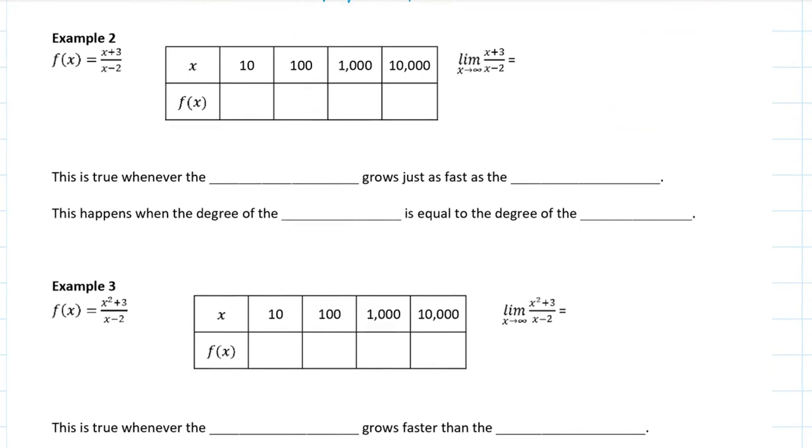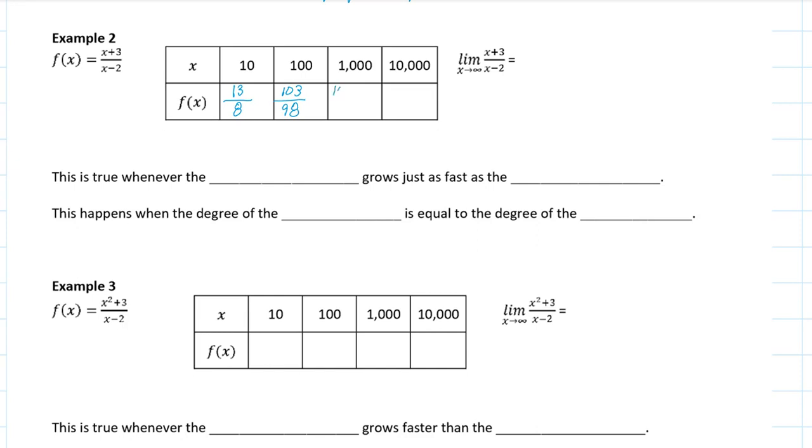So again, if I plug in 10 into the function, I'll do the first one. I get 10 plus 3, which is 13 on the top. 10 minus 2 on the bottom is 8, so I get 13 over 8. And then I do 100. 100 plus 3 is 103. The denominator is 100 minus 2, which is 98. And I keep doing that.